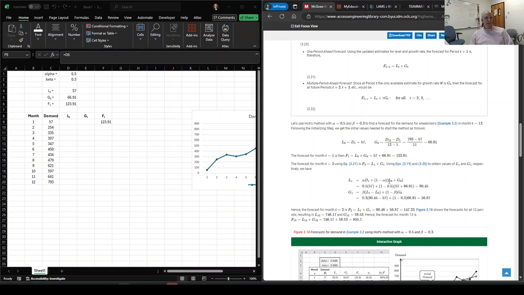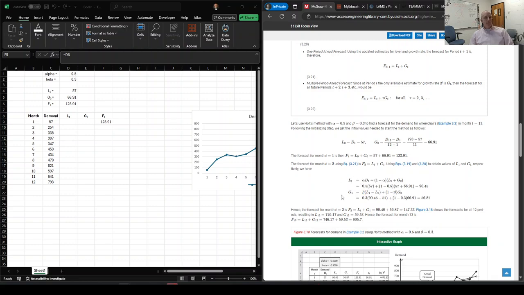Moving forward to the second month is where we see both the alpha and the beta come into play, and that's the double exponential smoothing. We're smoothing our base level demand, L1, with our alpha, and we're also using a beta number to help us smooth out our growth rate, to have a consistent growth rate.